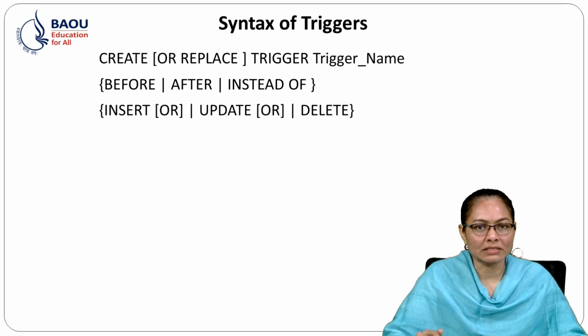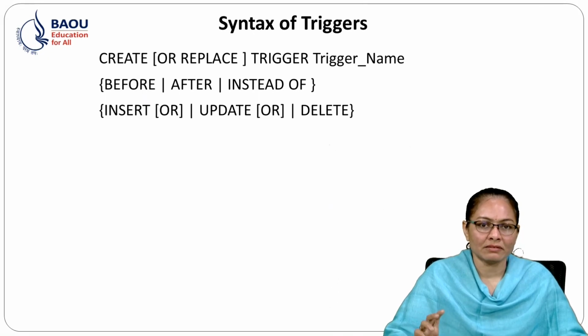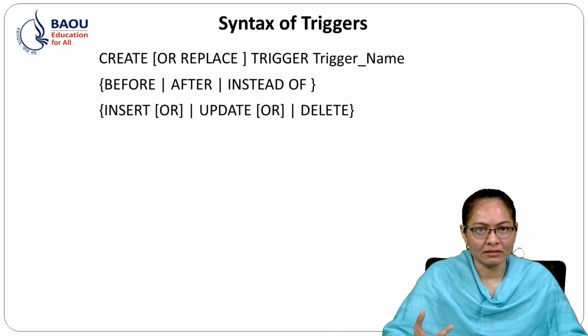Now the next one is insert or update or delete. This operation means there can be more than one triggering event separated by the or keyword. The trigger gets fired at all the specified triggering events. Means when we insert data into the table, or update the data in the table, or delete the data.